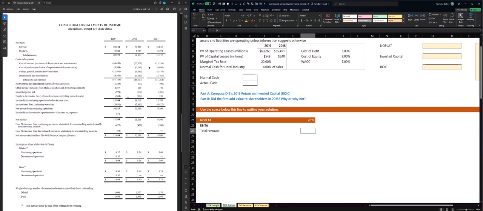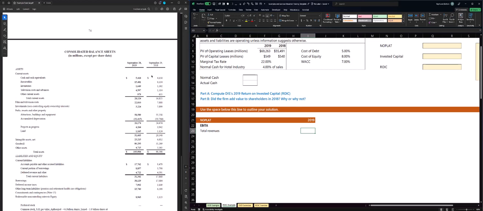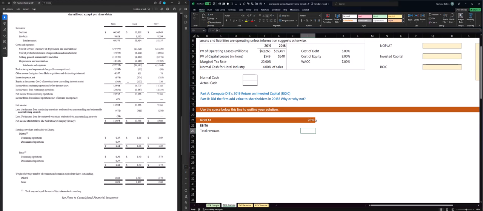First of all, we only have 2 years, right? And we're trying to get the ROIC for fiscal year 2019. But what we need for the numerator, we need 2019 NOPLAT, right? But for the denominator, we need 2018 IC. So let's just keep it in mind.